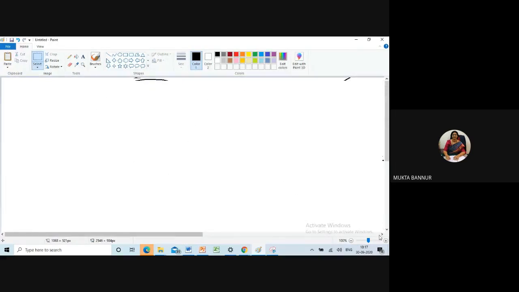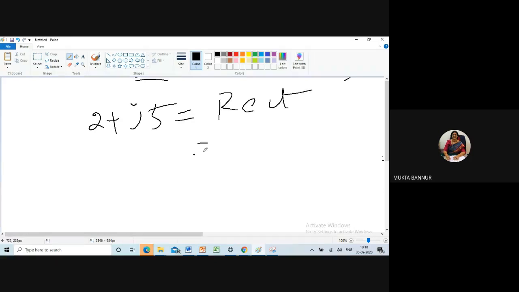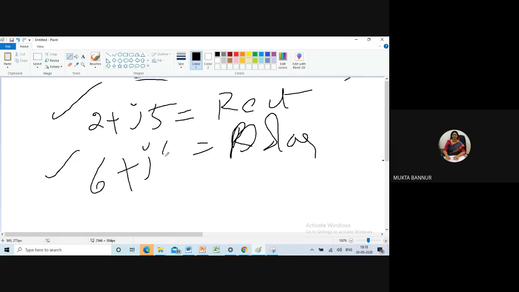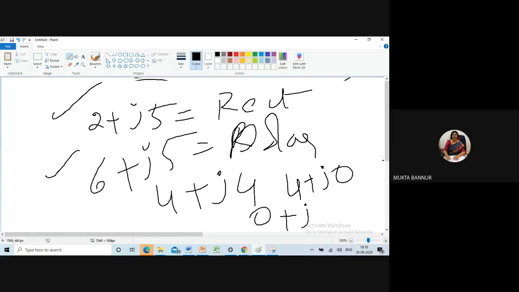Express 2 plus J5, which is in rectangular form, in polar form. The problems are: 6 plus J5, 4 plus J4, 4 plus J0, and 0 plus 4J.